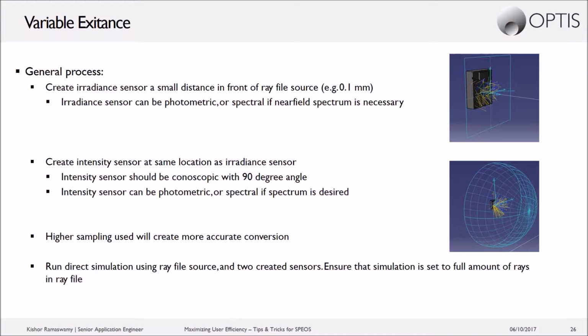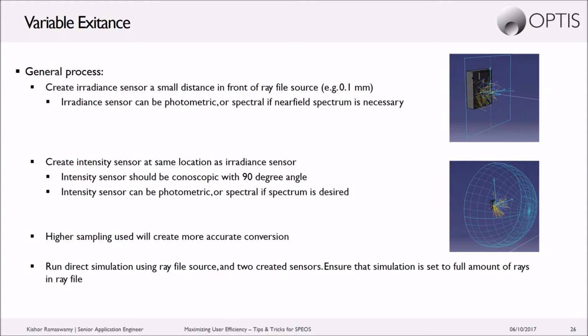The general process to create this variable exitance source is listed here. Essentially we create an irradiance sensor a small distance in front of, let's say, the RAY file source that we're trying to convert. In this case, I've put it 0.1 millimeters in front of the source. The irradiance sensor can either be photometric, or if you're trying to keep the color of the emission, you can use a spectral sensor.